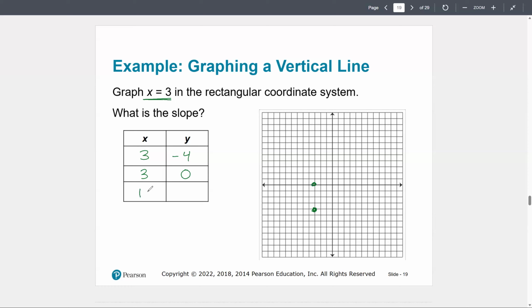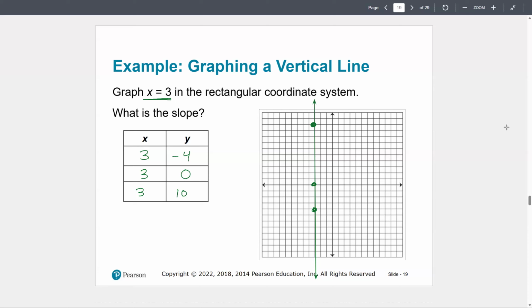If, say, y is 10, my only choice I still have for x is x has to be 3. So for every y value, x has to be 3. So we get a vertical line like this.